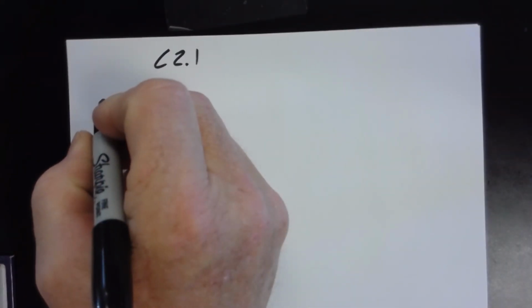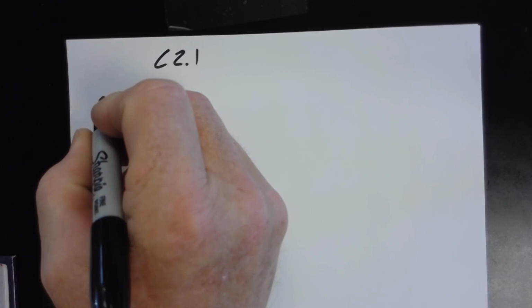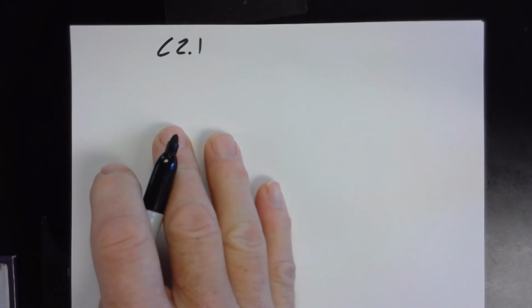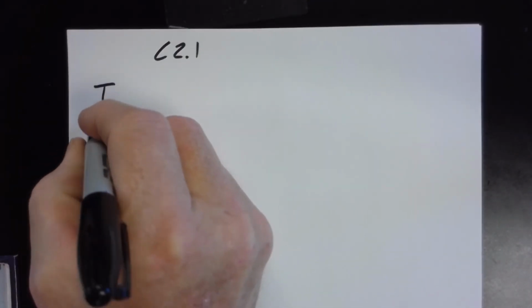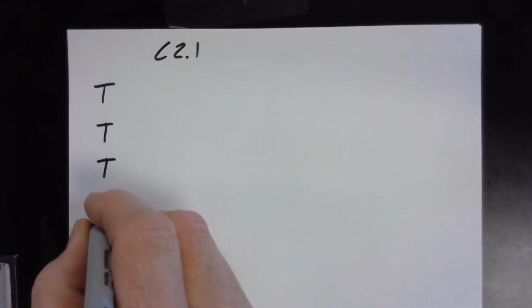Yesterday I gave you an assignment to come up with a conditional statement, right? I asked you to make two conditional statements. One of them was true for all cases.